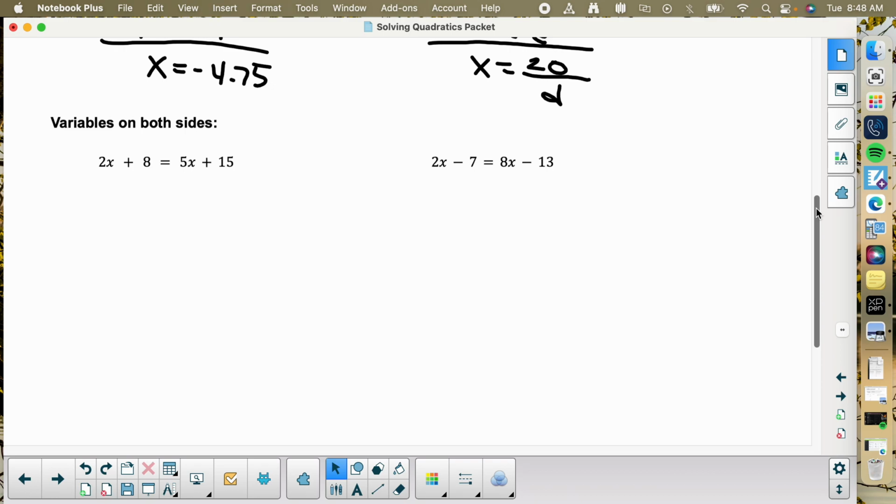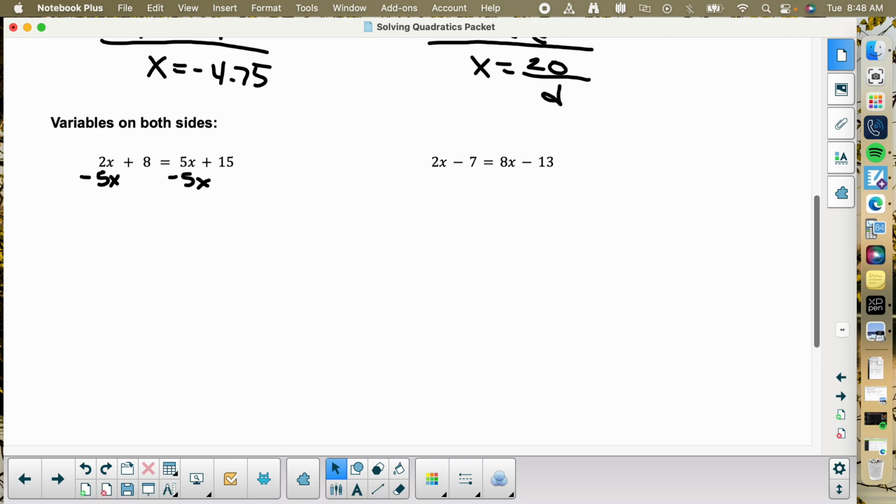Yeah. Yep, you kind of choose which side you want to be the letters, which side you want to be the numbers, and move them around to be next to each other. So like on this first one, most people choose the left-hand side to be letters. And so you want to cancel off the letter on the right-hand side by subtracting it.